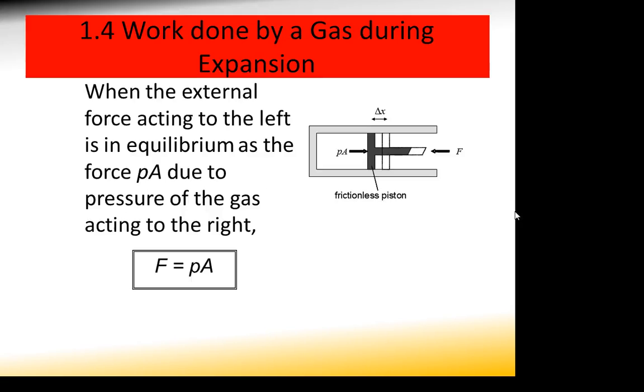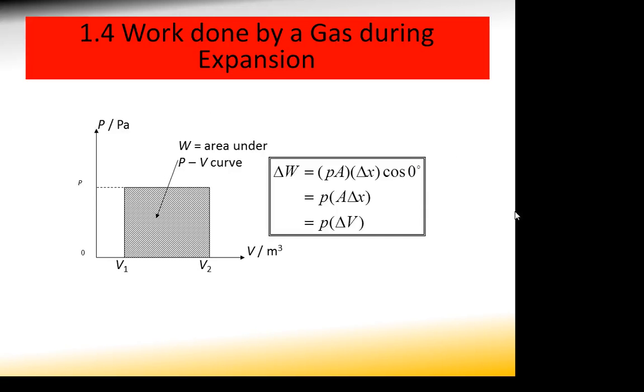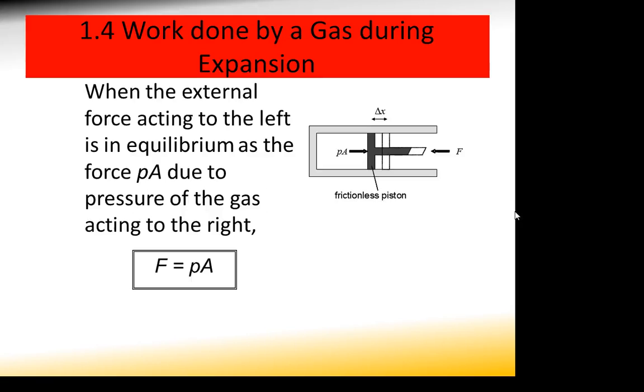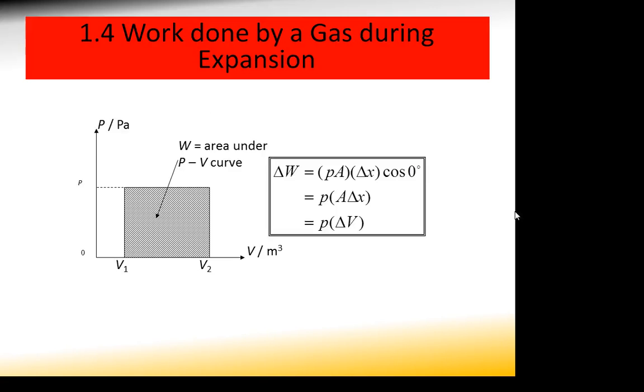Well, do you have force and distance? Yes, but for a gas, what is usually easier to see is the volume change and the pressure of the gas. I'm going to show you how. Work done is force times distance. Force is just pressure times area. We assume constant pressure outside. The distance will be delta x. Cosine theta goes to 1, so don't care about it.